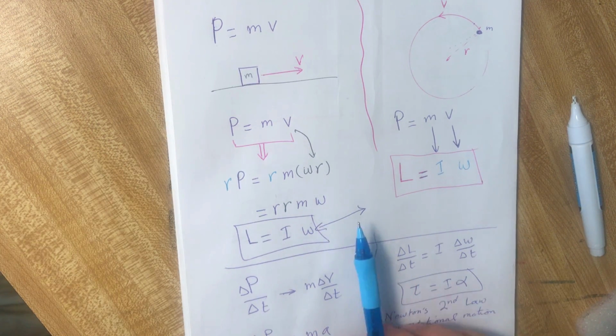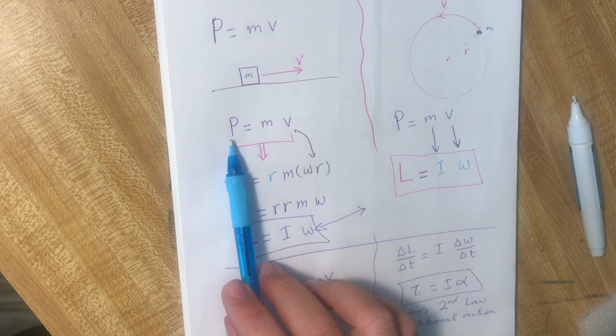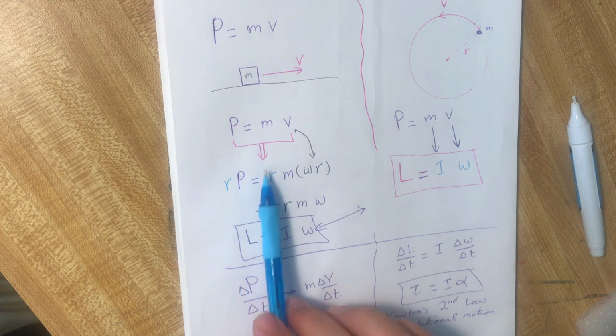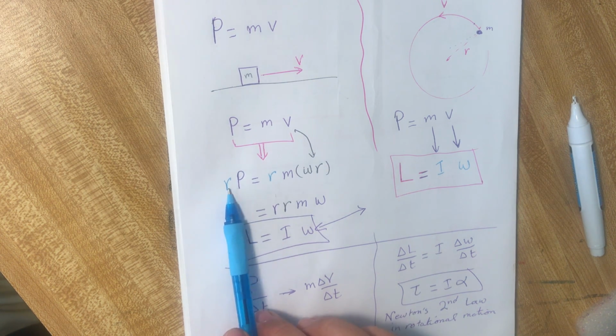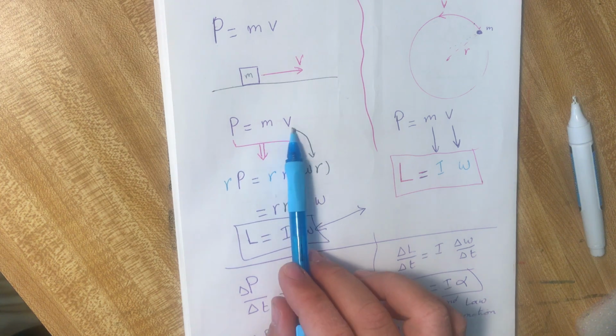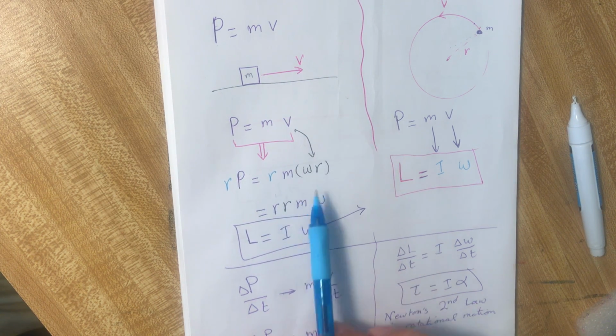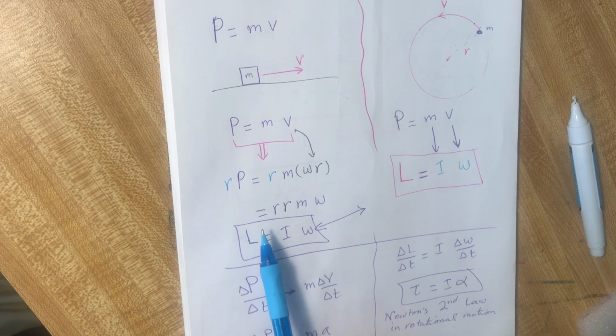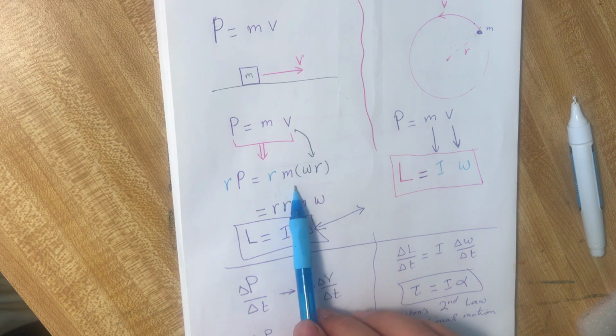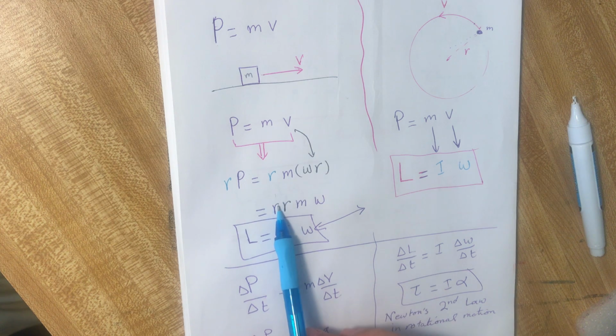How did that happen? If we multiply both sides by r, rp is equal to rmv, and v is equal to omega r. We know that. Now just take this r to here; we have two r's, then it will be r squared.